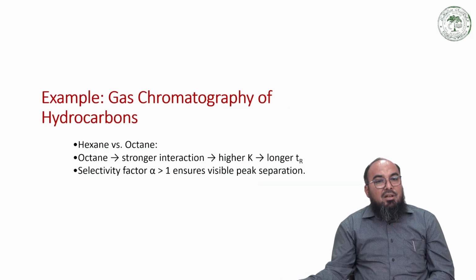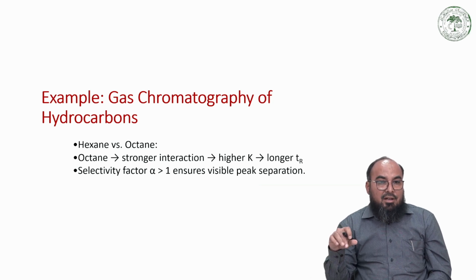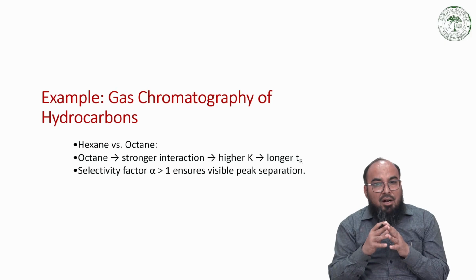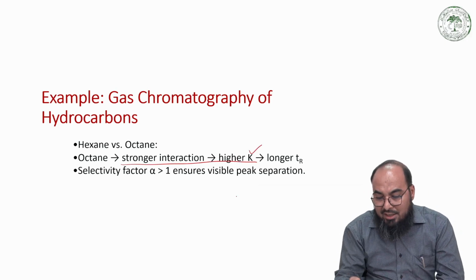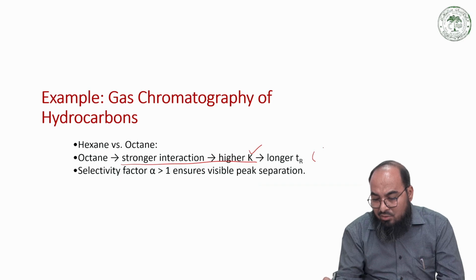Another example is the gas chromatographic separation of hydrocarbons, where we have used hexane versus octane. Octane has a very strong interaction, and a strong interaction means a higher K value, that is, a large TR value. That is, it is going to be retained and comes very slowly, so it will come at the end of the chromatogram, with a longer TR.